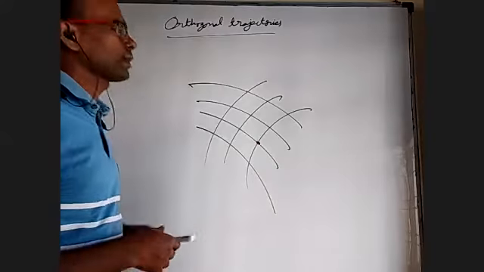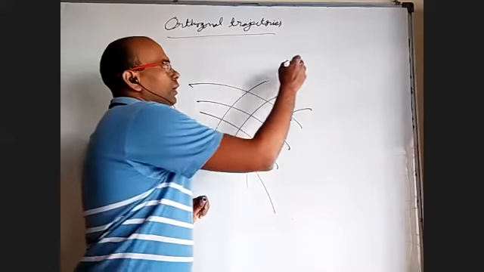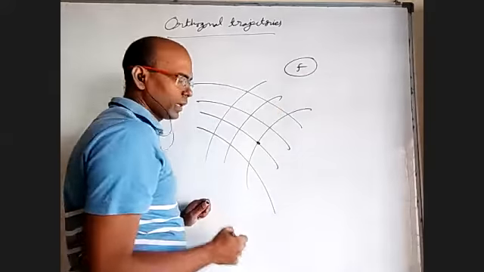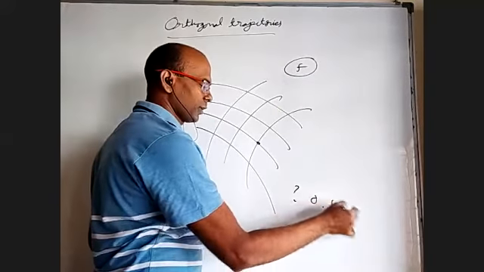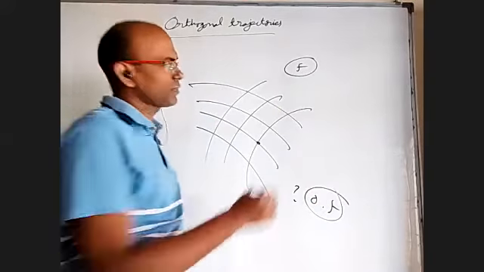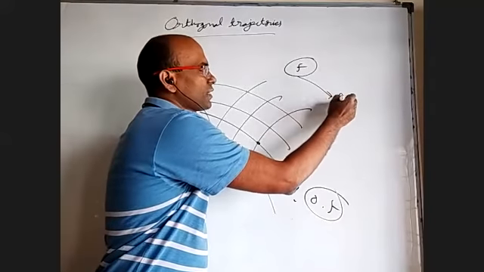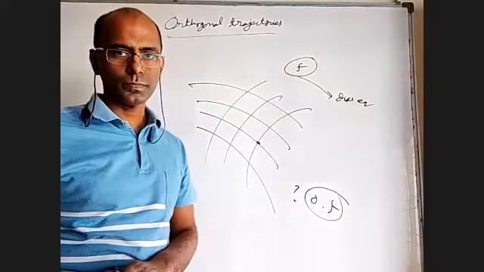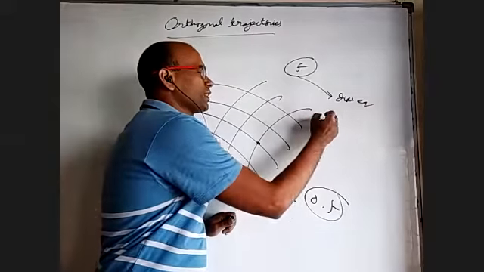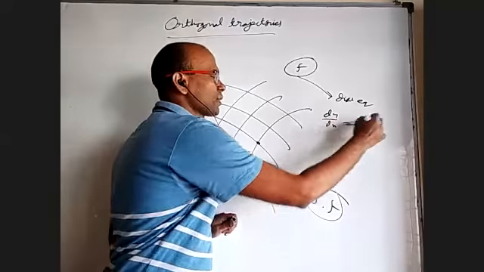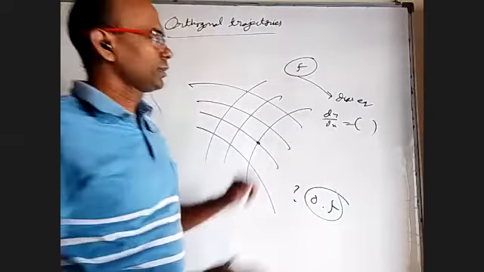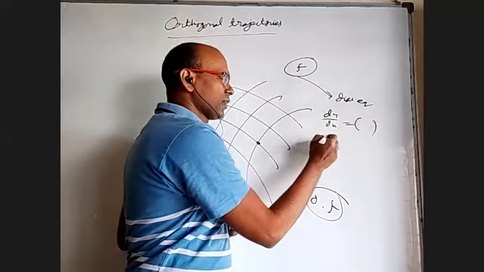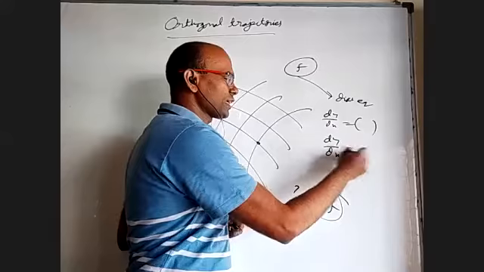Okay. But coming to this, you will be given one family of curves, and what you have to find is the orthogonal family. The step is very simple. For this, you find the differential equation of the original family. That will be in the form of dy by dx equal to something. Now, if for the original family dy by dx is this, for the orthogonal family, what do you think dy by dx will be?